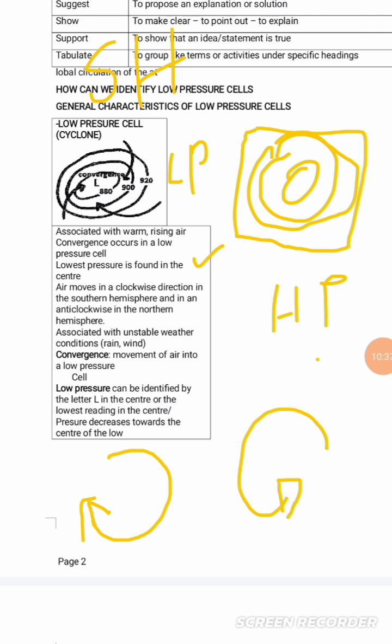Then we have this term called convergence. It means the movement of air into a low pressure, movement of air into a low pressure.